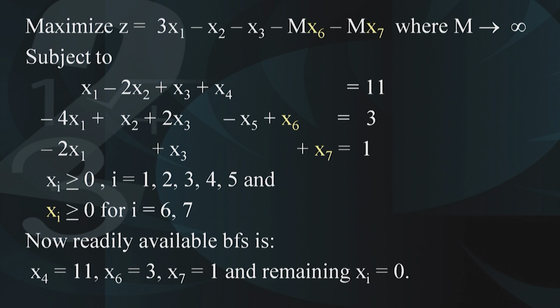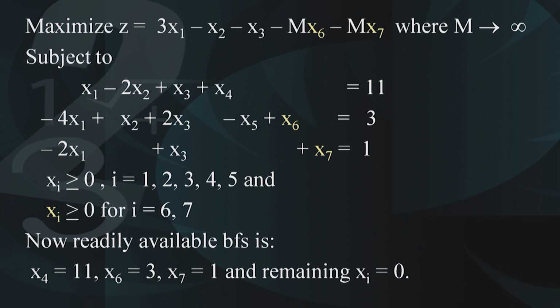Here, as you remember, x5 is the surplus variable, whereas x6 is the artificial variable, which was originally not present in the problem, but we had to introduce x6 because we did not have an initial basic variable in the second equation.